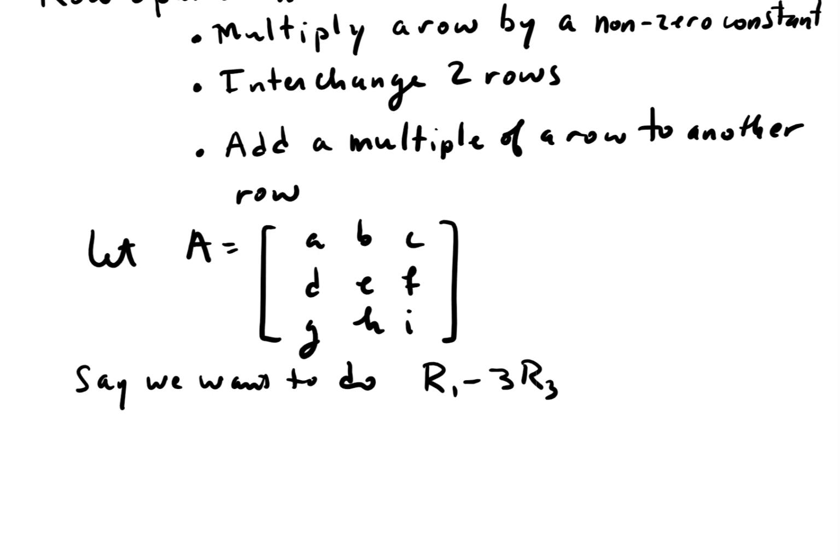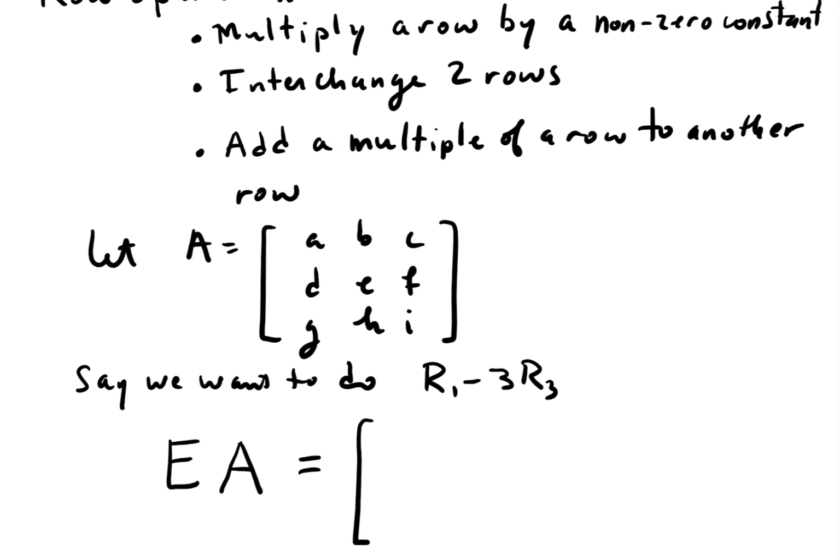What I'd like to do is have a matrix E, so that when I multiply E by A, I will get the matrix where this operation has been performed. So what is that matrix?